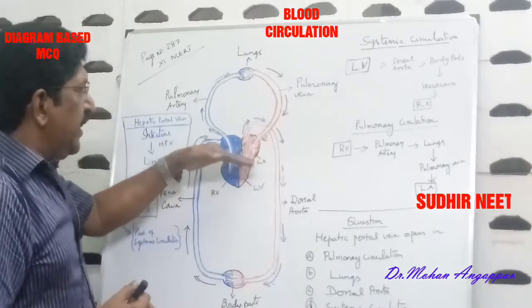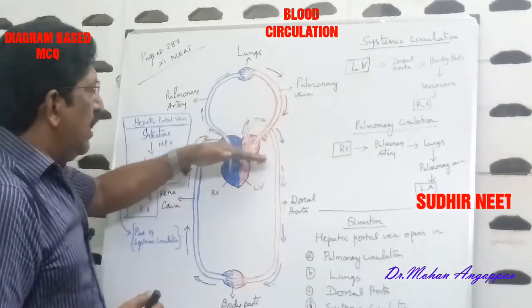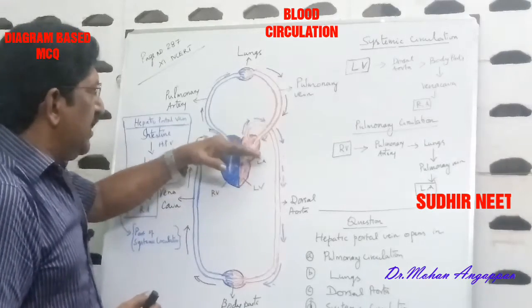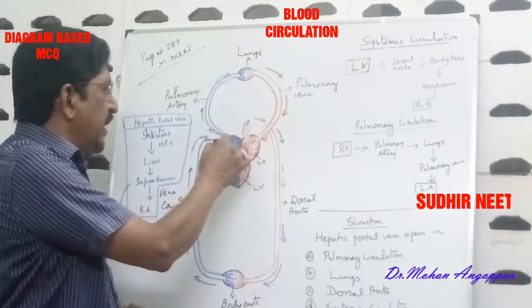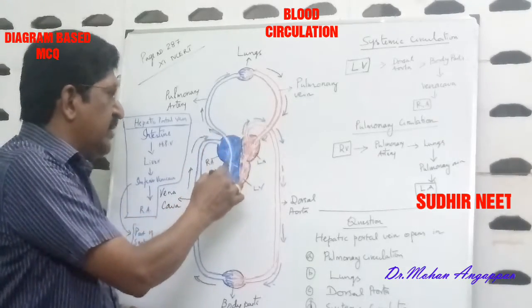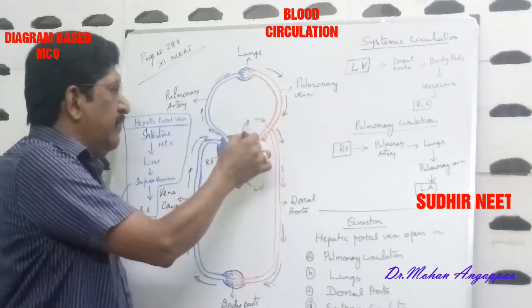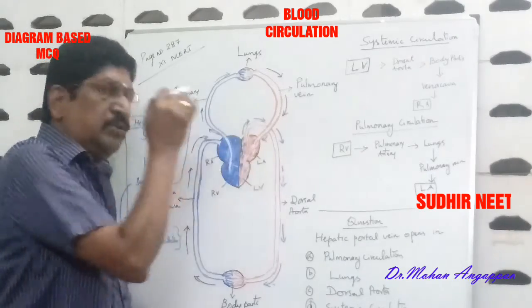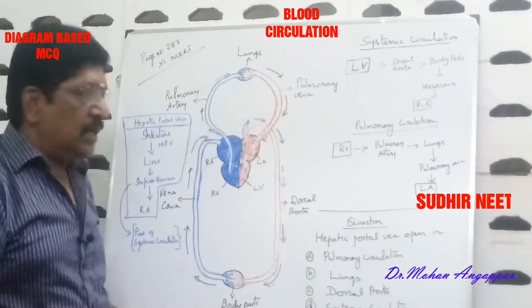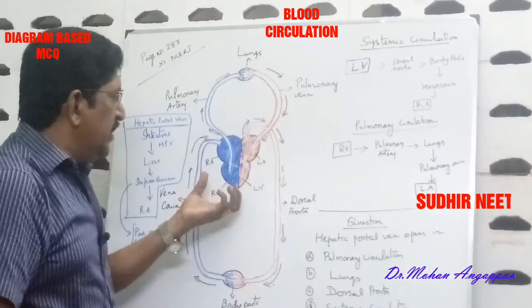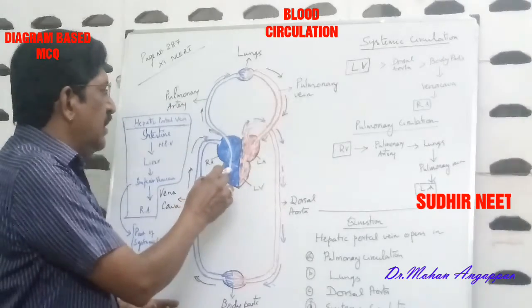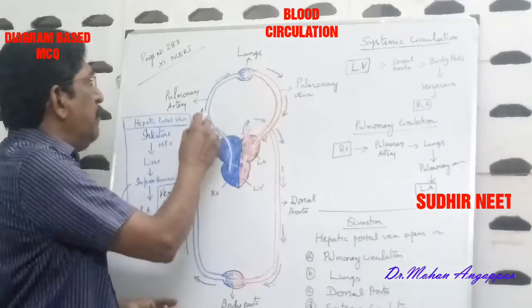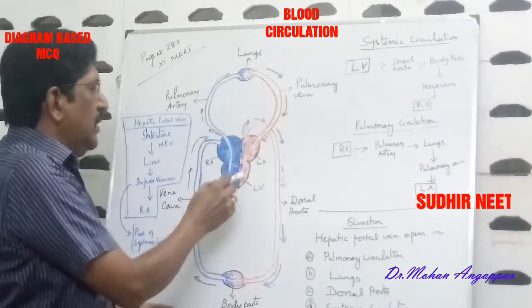So simultaneously, when the heart contracts, when the auricles contract, what happens? The impure blood from the right atrium enters into the right ventricle. The pure blood from the left atrium enters into the left ventricle. When the ventricles contract, what happens? From the right ventricle, the impure blood goes to the pulmonary artery.